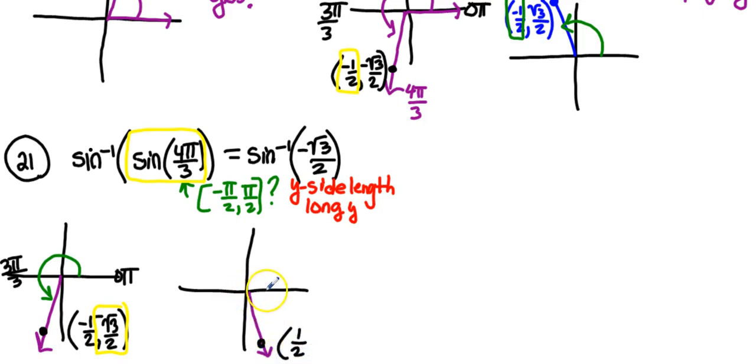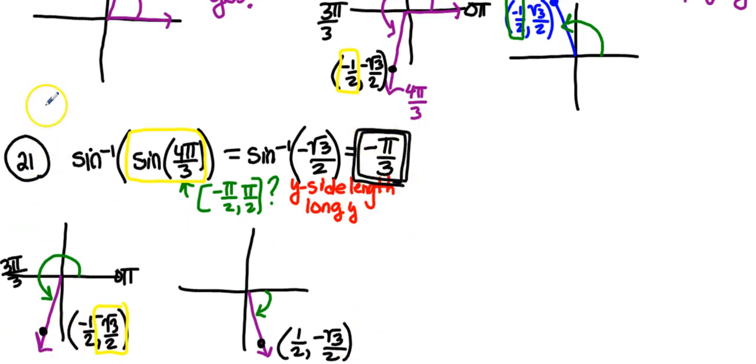I would go right 1/2 and then down negative root 3 over 2. And to finish this up, I just have to ask myself, what angle is that? Well, the fact that I went clockwise makes it negative, and that would be a negative pi over 3. And I'm done. My answer is negative pi over 3. Double box it, helps it stand out amidst the rest of your work.